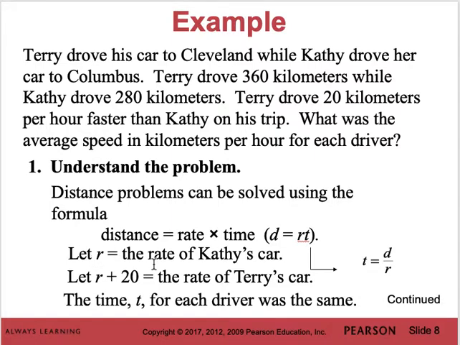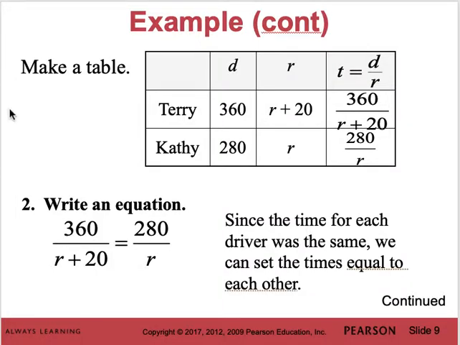We can let R be the rate of Kathy's car, and since Terry is driving 20 kilometers per hour faster, R plus 20 would equal the rate of Terry's car. The time, T, for each driver was the same. We can also make a table to help us see the relationships here. So here are our distances, our rates, and our time.